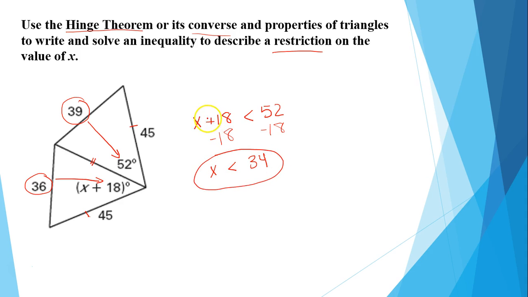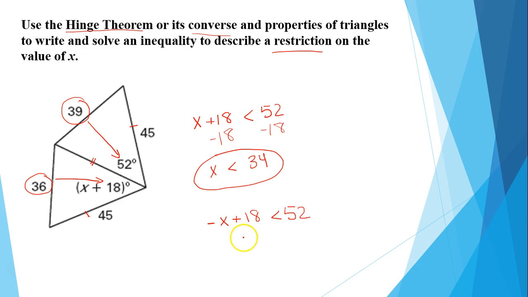Now, just to remind you about inequalities, let's say we had negative x plus 18 is less than 52. This is a negative x.